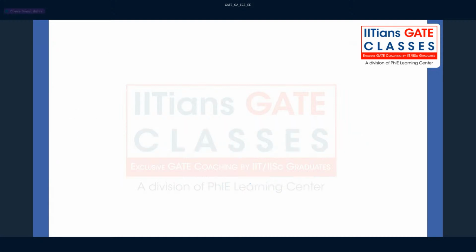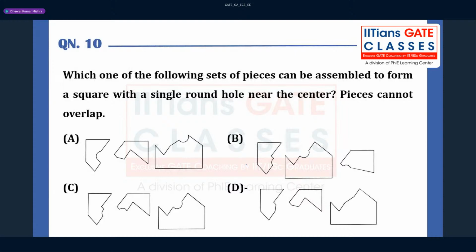Fine. So let us go through this question. Question number 10. Which one of the following sets of pieces can be assembled to form a square with a single round hole near the center? Pieces cannot be overlapped. So guys, can you try this question and tell me which option is going to be correct?